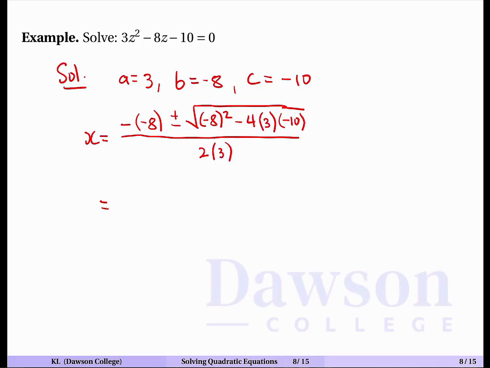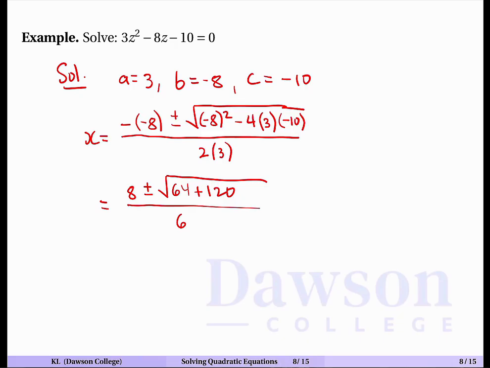So this will be negative of negative 8, that's positive 8, plus or minus square root of negative 8 squared, that's 64. Negative 4 times 3 times negative 10, that will be 120. So plus 120, divided by 6.